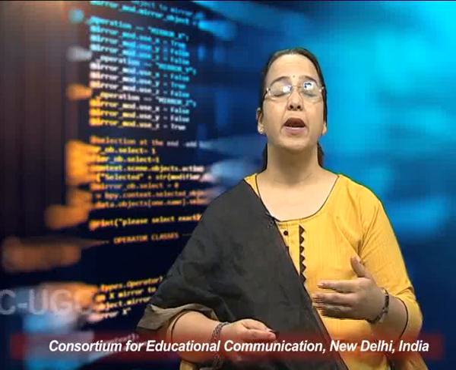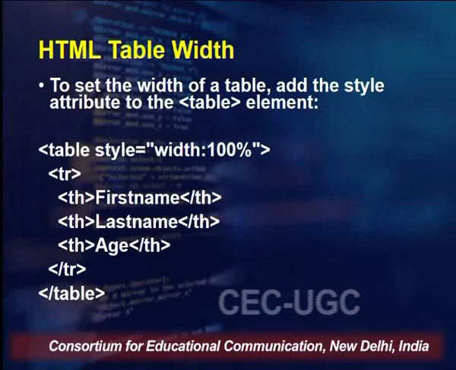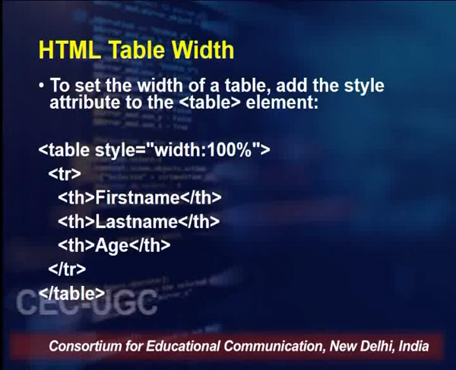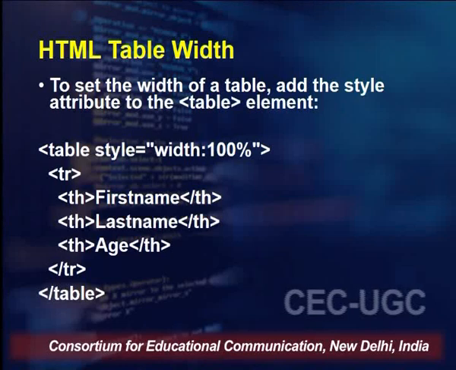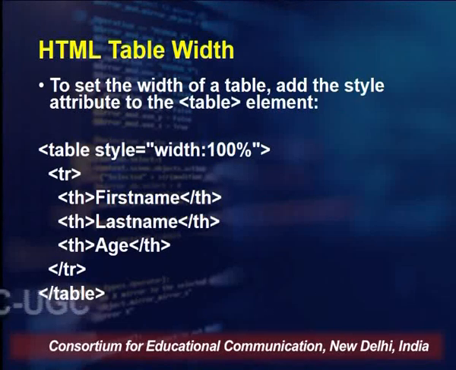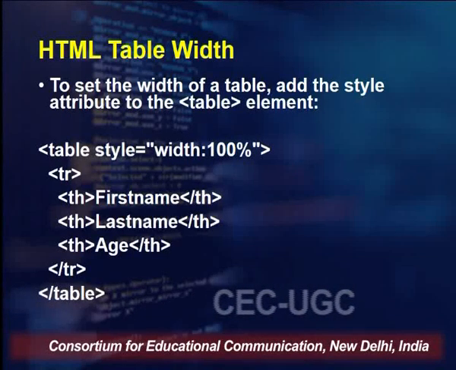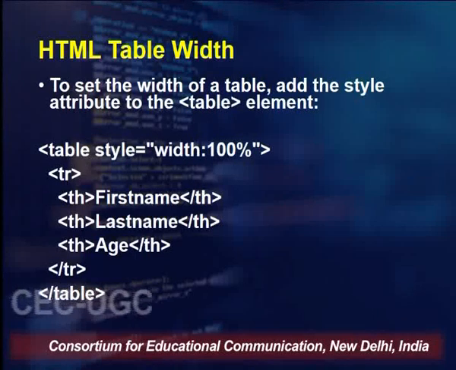Now, how are we going to do it? Let us see. In order to set the width of a table, we need to add the style element either in the table tag, which is the other way, or we can do it as we did in the previous lecture, that is the style attribute under the head section. That is also perfectly fine, but here we are doing it the other way, that is within the table tag as the style attribute.